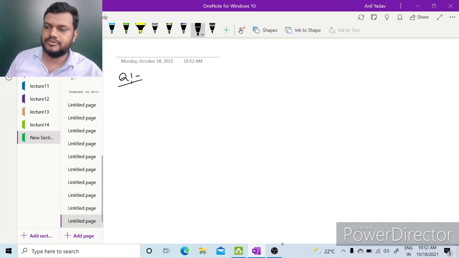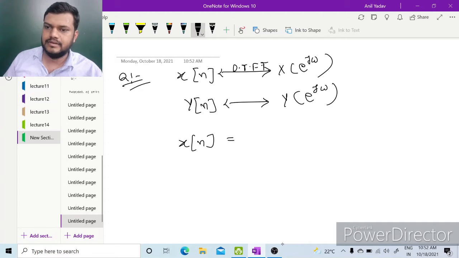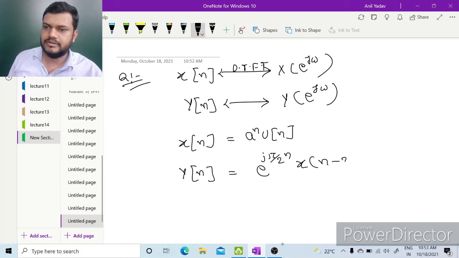Let us see another question. Let us say x(n) has DTFT as X(e to the power j omega) and y(n) has DTFT as Y(e to the power j omega), and we know x of n is a to the power n u of n, and y of n is e to the power j pi by 2 n times x of n minus 2.